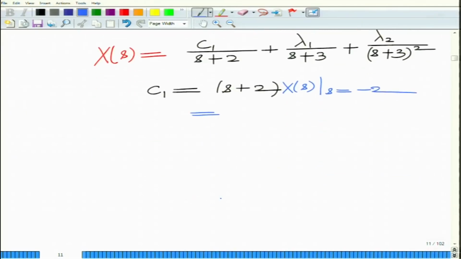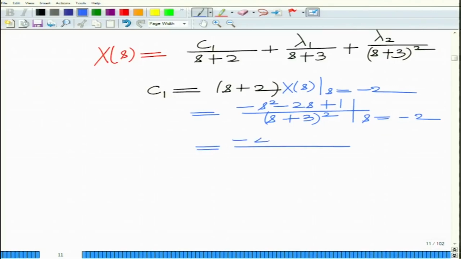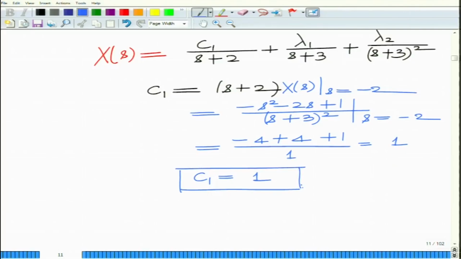It turns out to be minus s square minus 2s plus 1 divided by (s plus 3) whole square evaluated at s equal to minus 2, which is minus 4 plus 4 plus 1 divided by 1, which is equal to 1. So, the coefficient C1 is equal to 1.